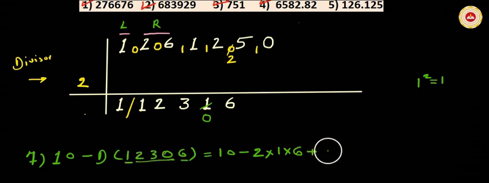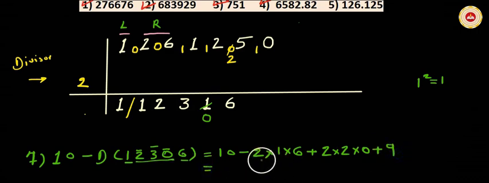How to calculate duplex of 3 digits? 2 times the product of these 2 outer digits, so 2 times 2 cross 0, plus the middle digit squared, that is 9, which is equal to 2 6s are 12, that is 0 plus 9, 12 plus 9, 21. 10 minus 21, which is equal to negative 11.